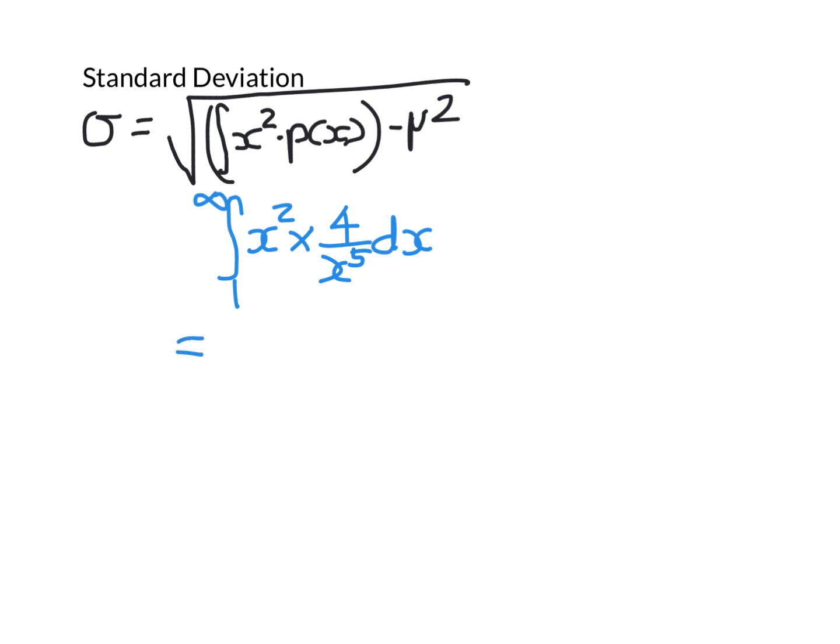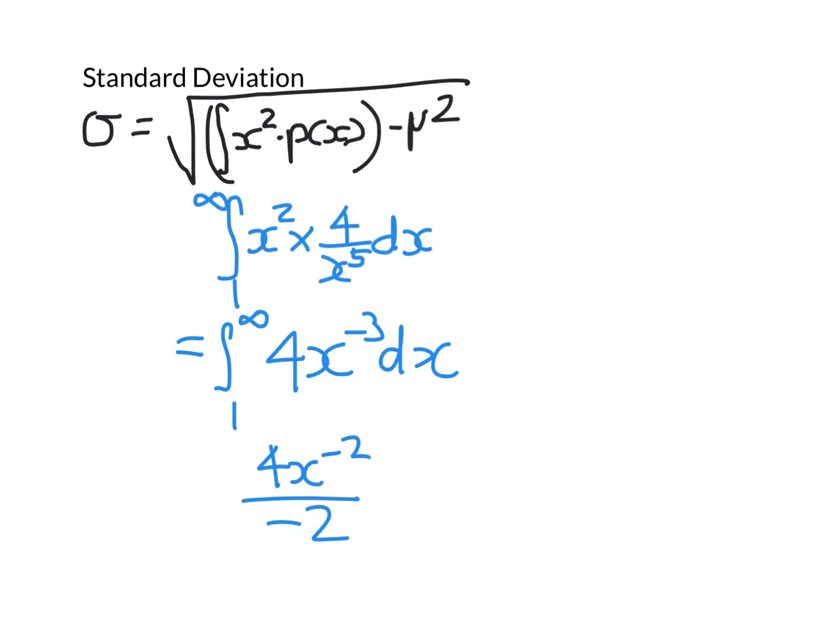Of course, this is the same as just integrating 4 over x cubed, and we might find it easier to write that as 4 times x to the power of negative 3. So to integrate that, we increase the power by 1, divide by the new power. We're going to evaluate that at infinity and 1.